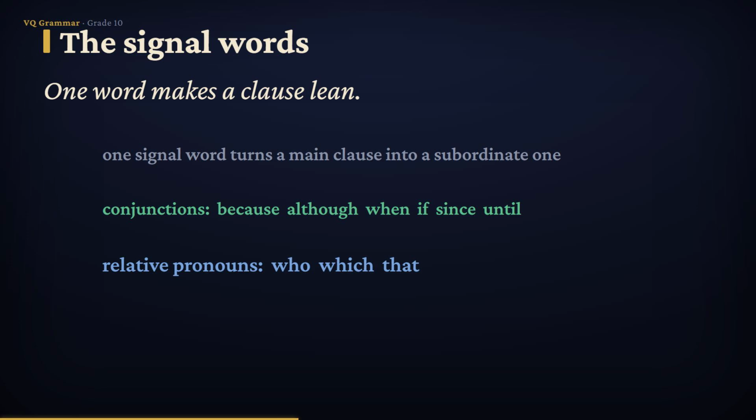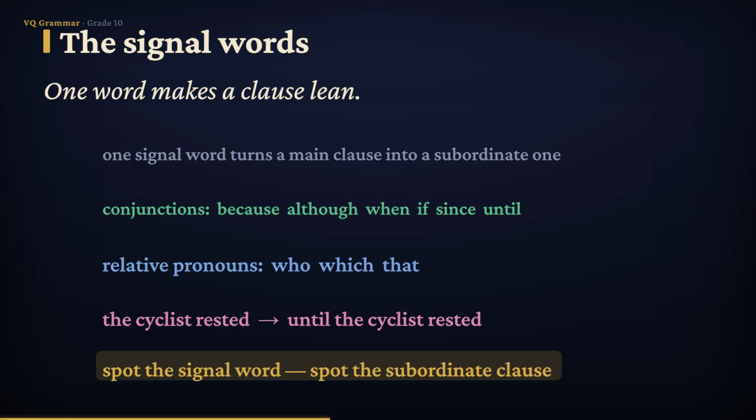Now, watch how much power one of these little words carries. The cyclist rested. That's a main clause, complete and finished. Now I add one word, until the cyclist rested. Same subject, same verb, but the thought is suddenly unfinished. The signal word did that, all by itself. So train your eye. Find the signal word, and you have found the subordinate clause.